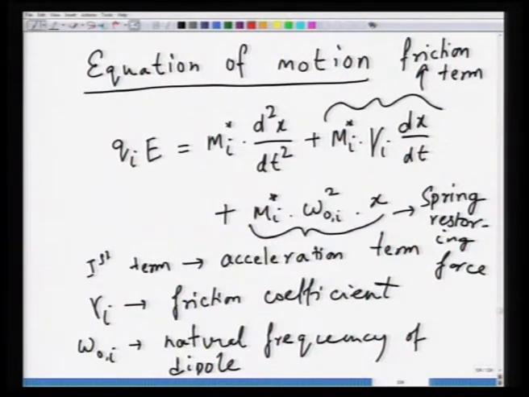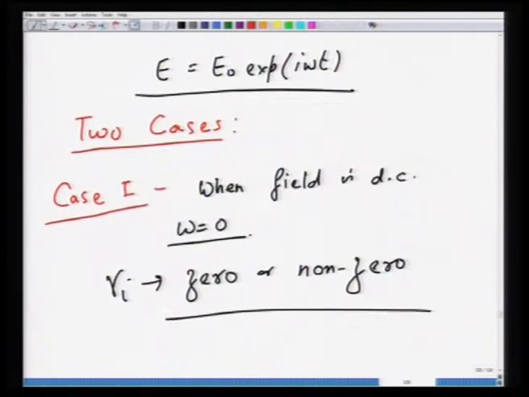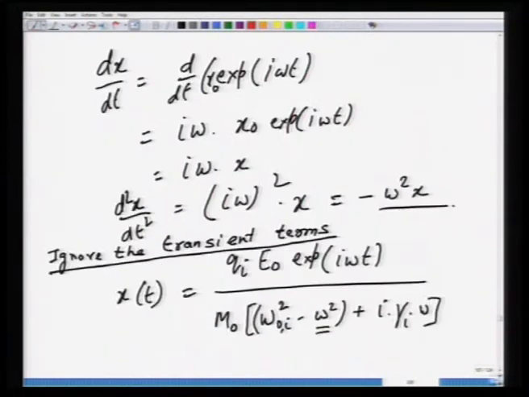Now, solving this equation gives you the displacement x in terms of frequency. If you solve it for E equal to E naught exponential i omega t, you get the expression for x, which is this.